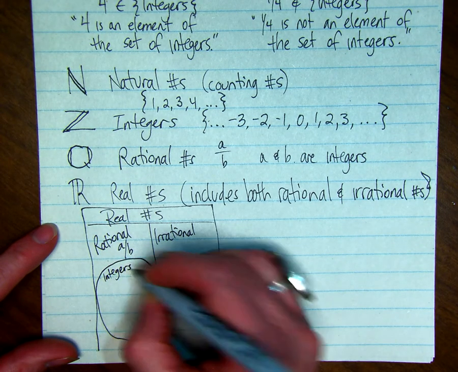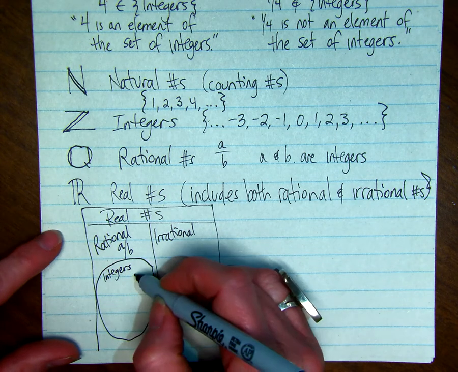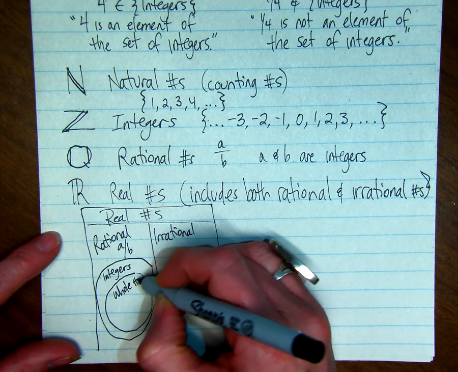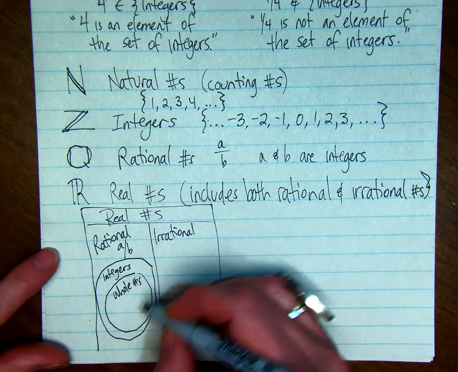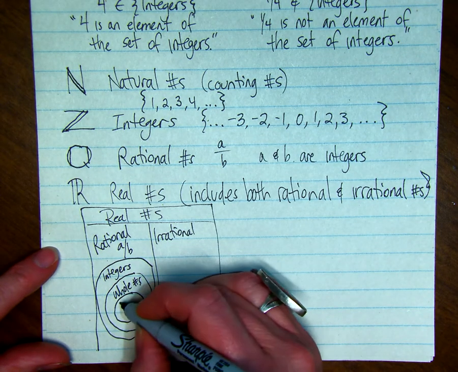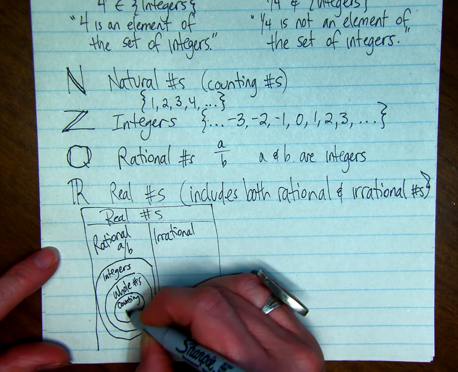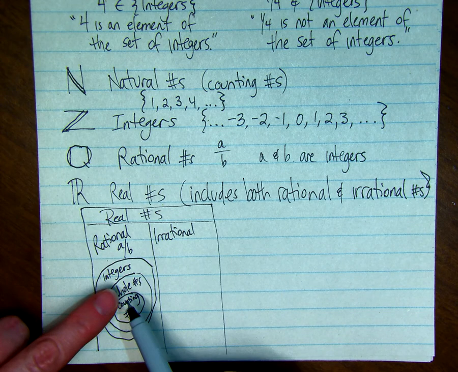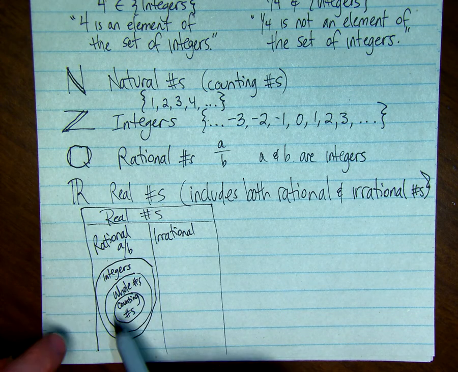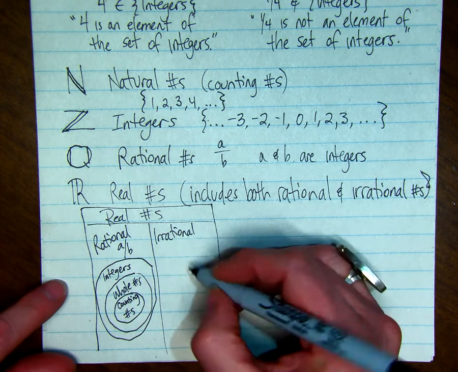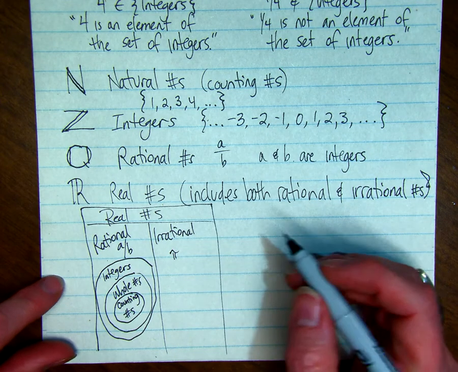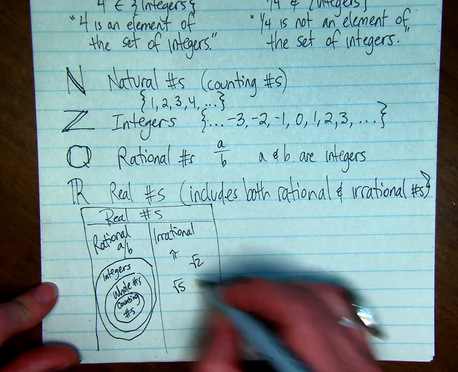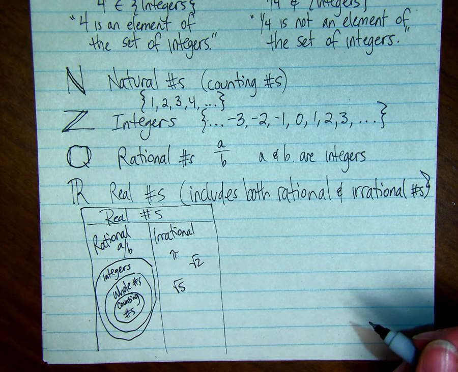All of them fit in this little area. Then within the integers, we have all the whole numbers. And within the whole numbers, we have the counting numbers. So all counting numbers are in whole numbers, all whole and counting numbers are also integers, and all of these are also rational. Irrational numbers are numbers such as pi, square root of 2, square root of 5, etc.